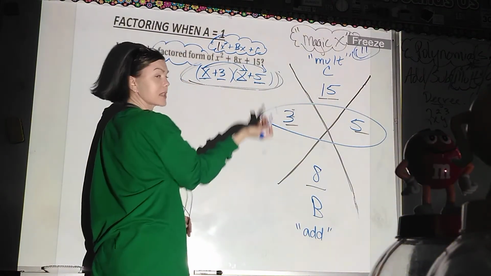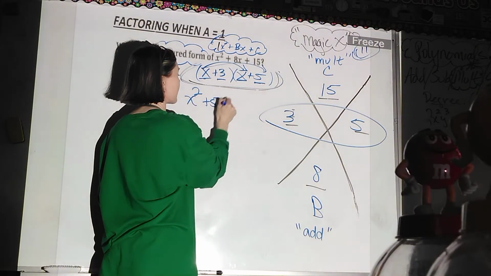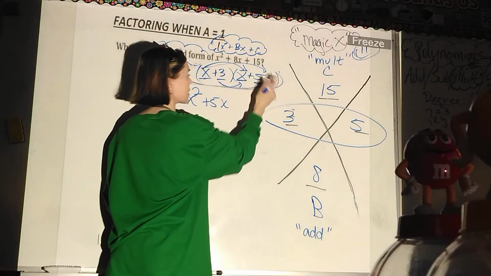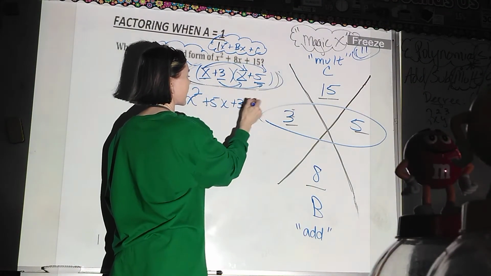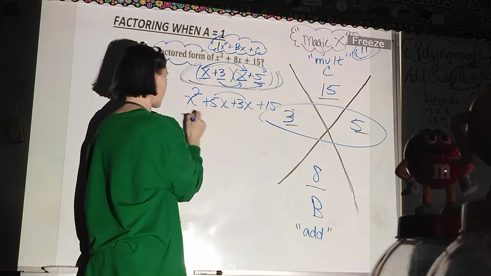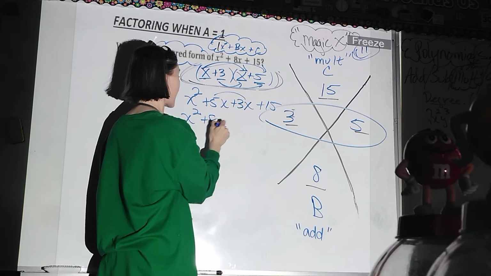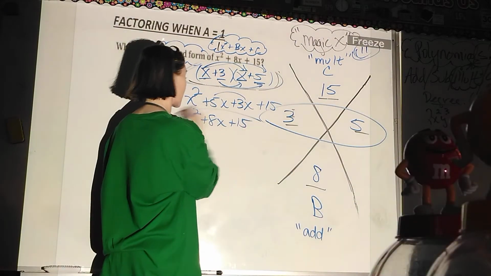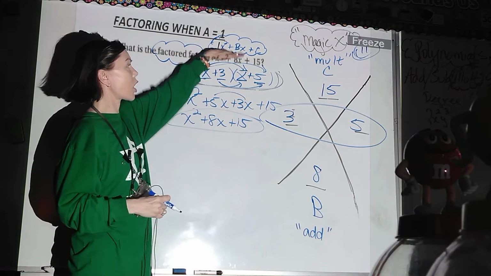X times x gives you x squared. X times 5 is a positive 5x. Take the second term and multiply it to these two terms. 3 times x is a positive 3x. 3 times 5 is a positive 15. Combine like terms in the middle: 5 plus 3 is a positive 8x. Bring down your positive 15, and there you go. We wound up right here where we started.